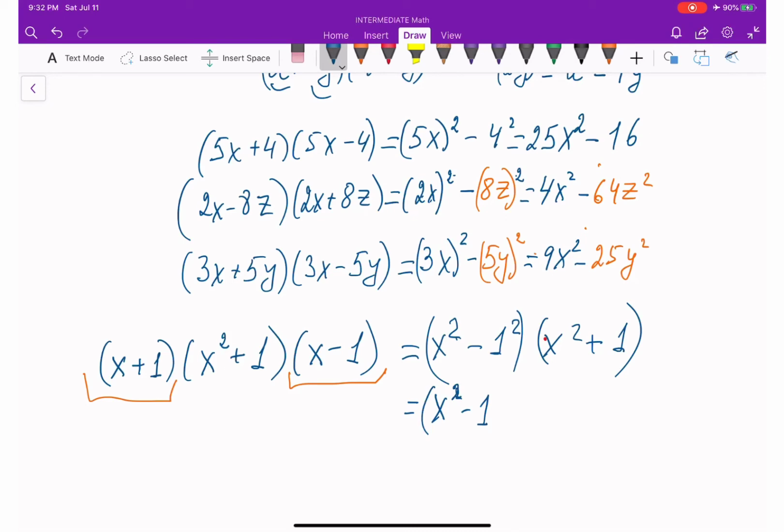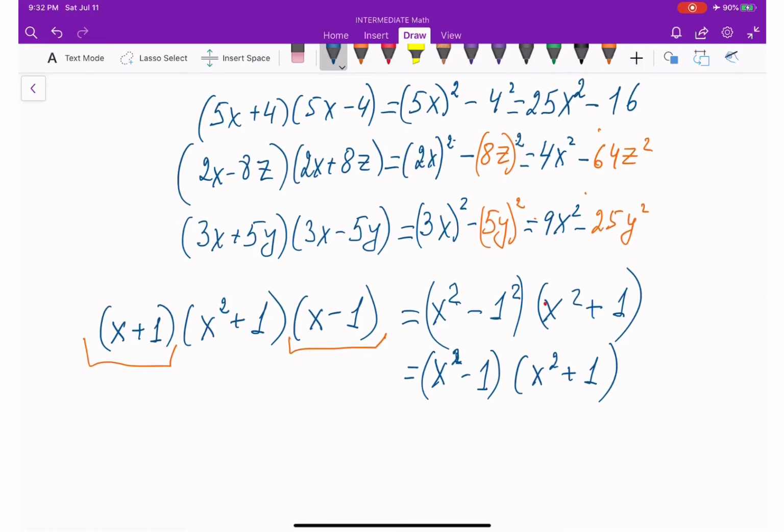And here we have x squared plus 1. Look at that. Another case, x squared minus 1 and x squared plus 1. So what can we get from here? We can get x squared squared and then minus 1 squared, right? So what do we get?